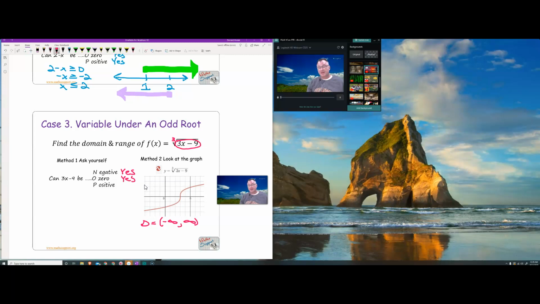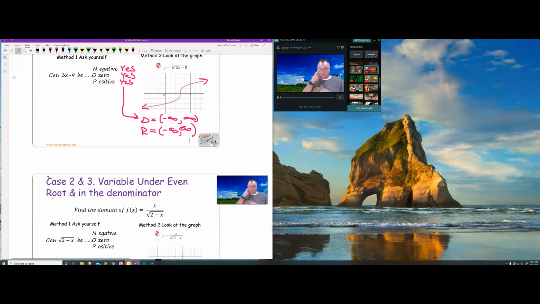And then once you do the math, can 3x minus 9 be positive? Yes. So then automatically this would be all real numbers. And then if we're looking at this, our range would be the same thing, from negative infinity to positive infinity. So odd roots aren't a problem. Even roots, you've got to watch out for.